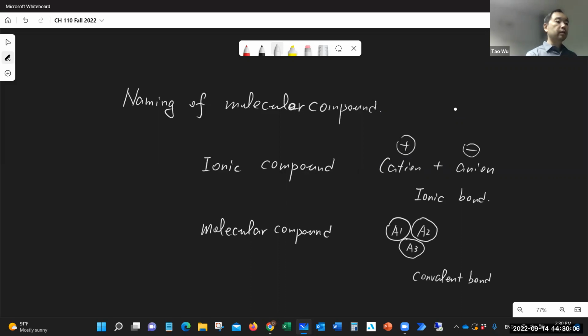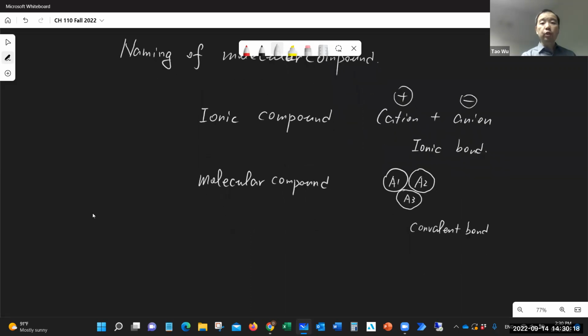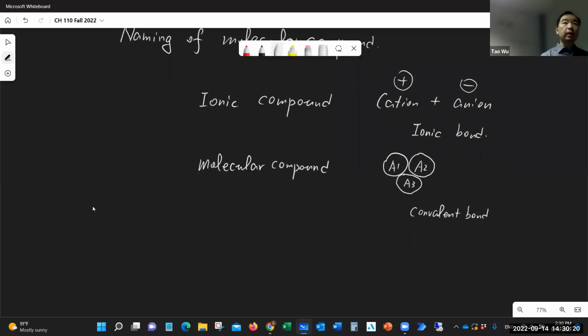So that is different. Ionic compounds have ions, but the molecular compound is made by atoms. Okay, so the molecular formula shows exactly how many of those atoms are in one molecule.